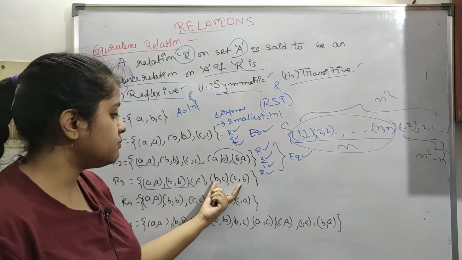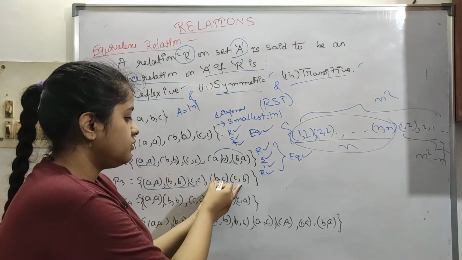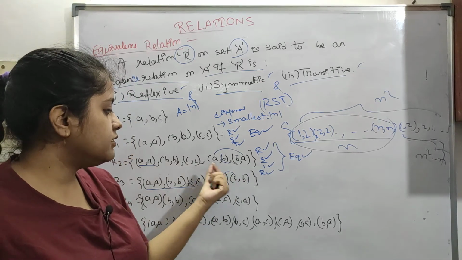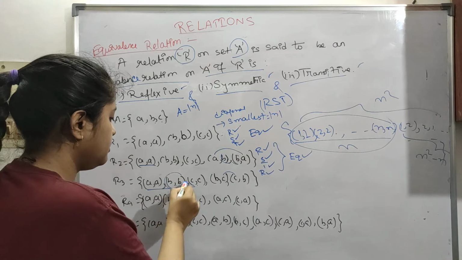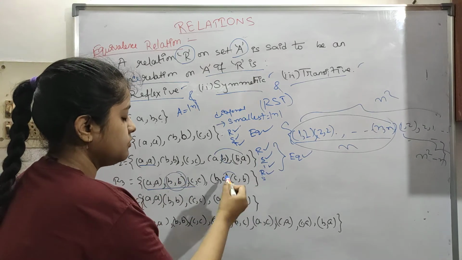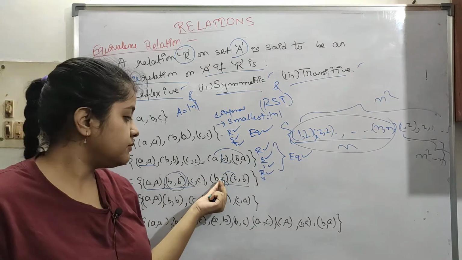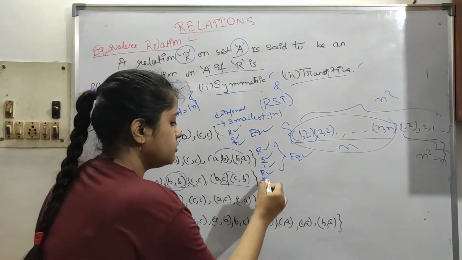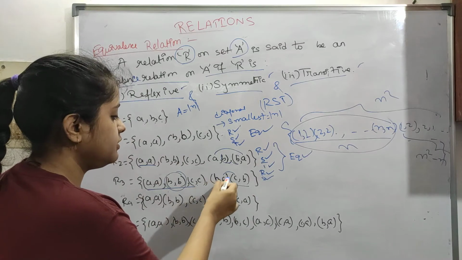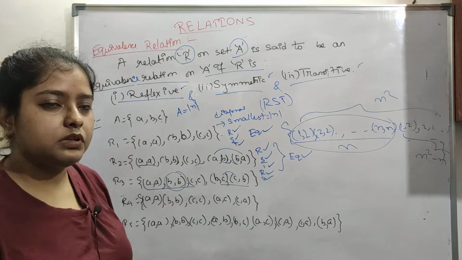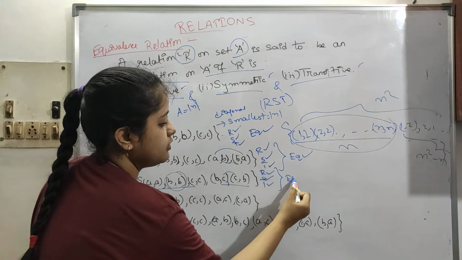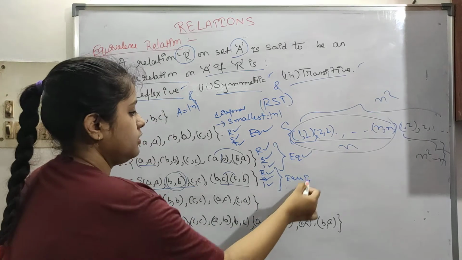Now let's see next, R3: (a,a), (b,b), (c,c), these diagonal elements are already present, so it is reflexive. Now let's see if it is symmetric. b is related to c, then c is related to b has to be present, so this is symmetric. For transitive, b is common, so (b,b) has to be present, and it is already present. So this is transitive. Total equivalence is possible.